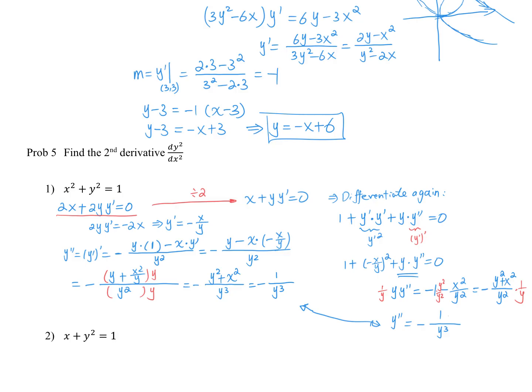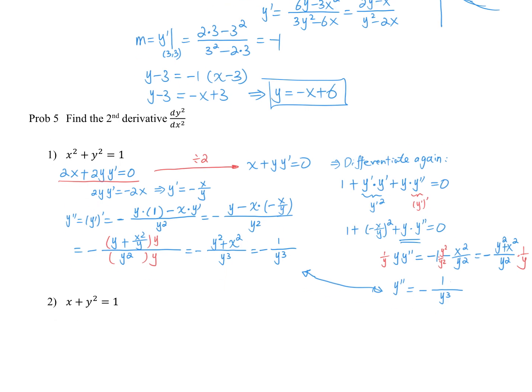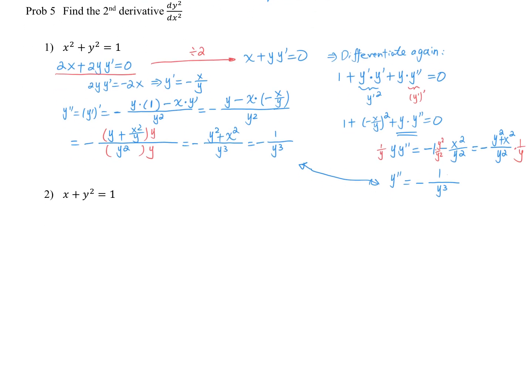All right, last one. This one should be a little easier than the one that we just did. So I strongly encourage you to pause the video and give it a try. So the first derivative is going to be 1 plus 2y times y prime equals 0. And therefore we have 2y y prime equals negative 1.